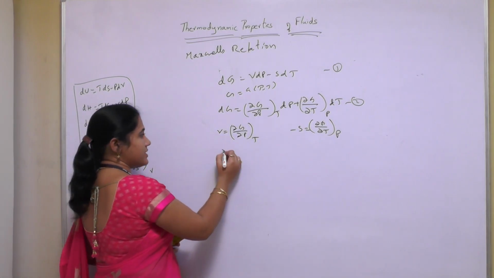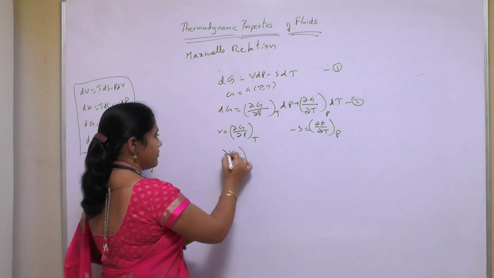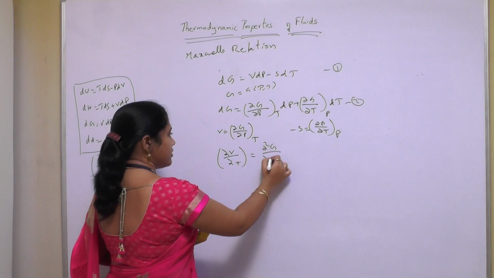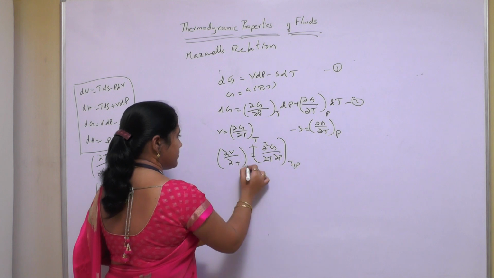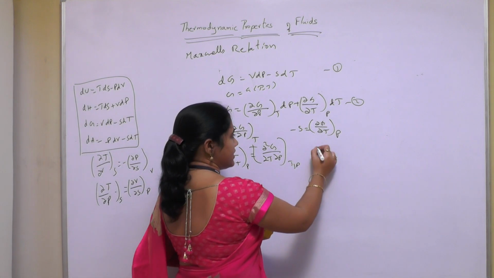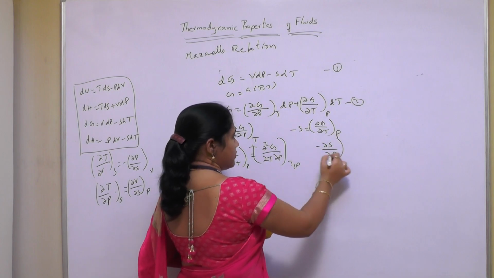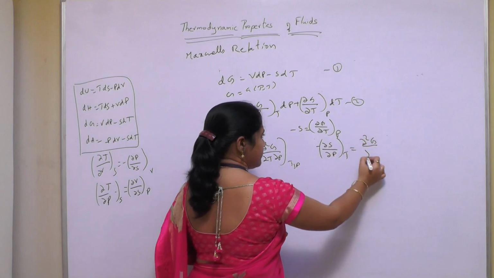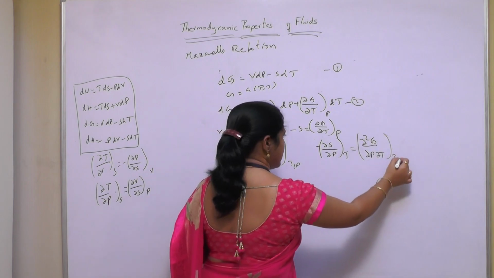If we differentiate with respect to T, ∂V/∂T equals ∂²G/∂T∂P. And similarly, differentiating with respect to pressure, (∂S/∂P) at constant temperature equals ∂²G/∂P∂T.